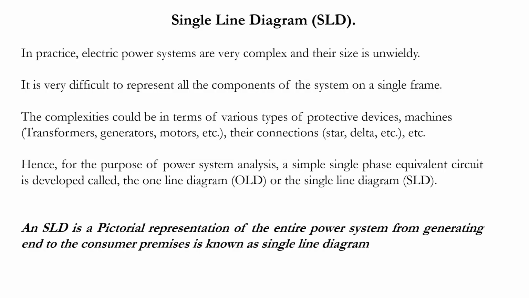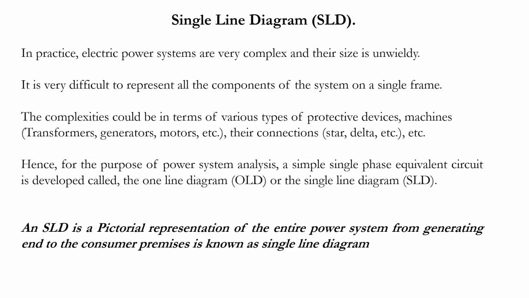Now let us see the single line diagram. In practice, the electrical power system is very complex and the size is very wide. It is very difficult to represent all the components of the system on a single frame.